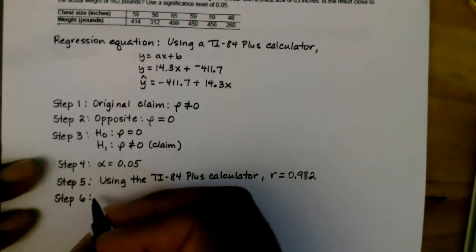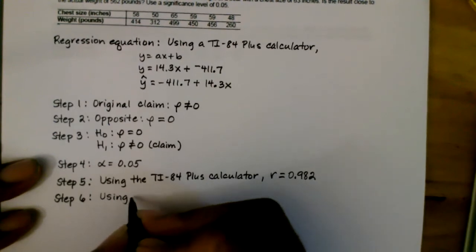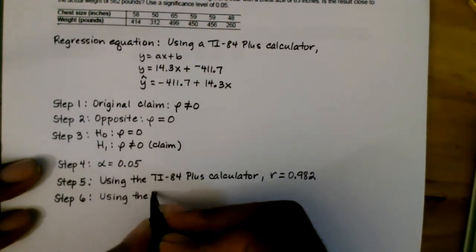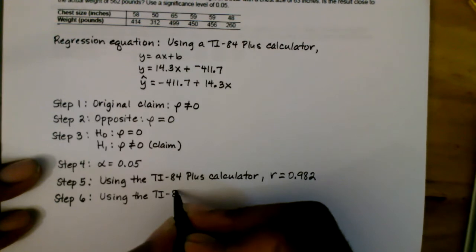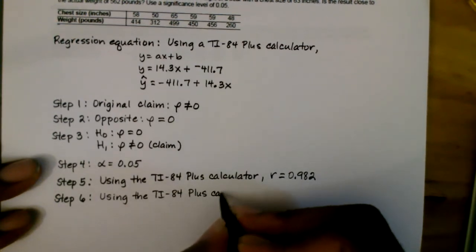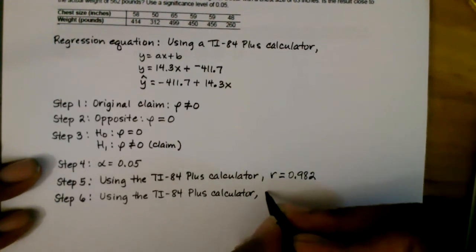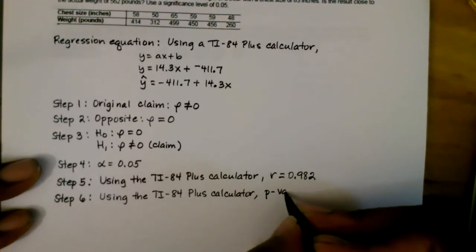Now, step number 6, I'm going to use the TI-84 Plus calculator to find the p-value, because it is given on this screen in this output.